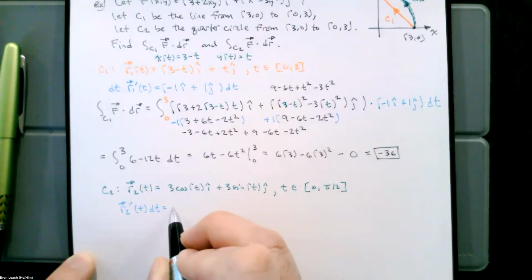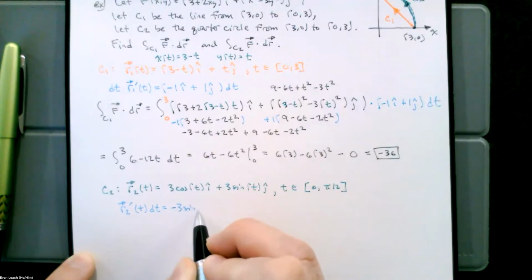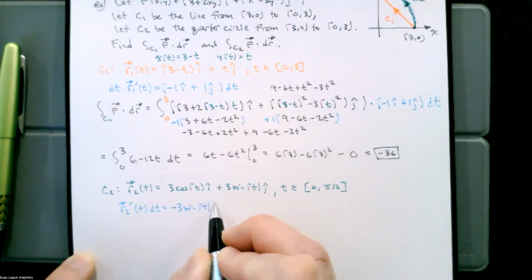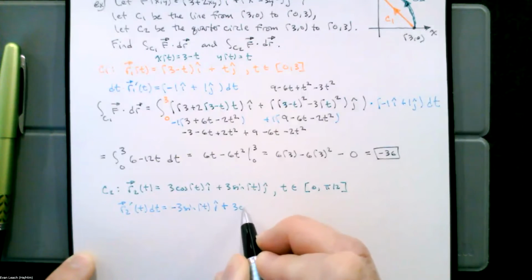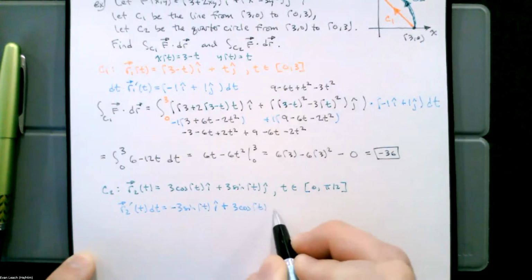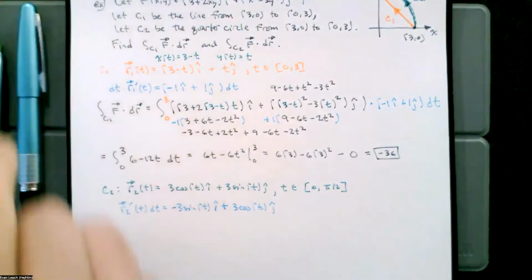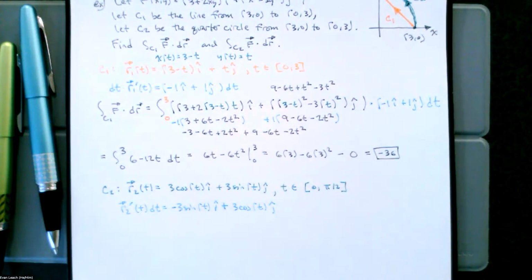Derivative of 3 cosine is negative 3 sine. And the derivative of 3 sine is 3 cosine. Open up with the new one, then move on to the familiar one.